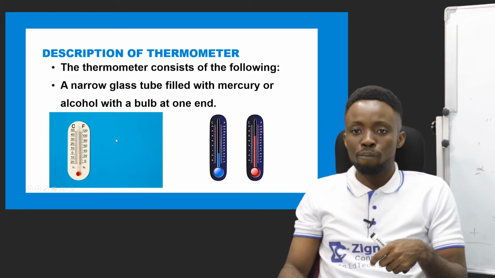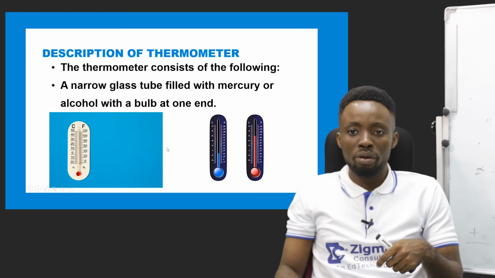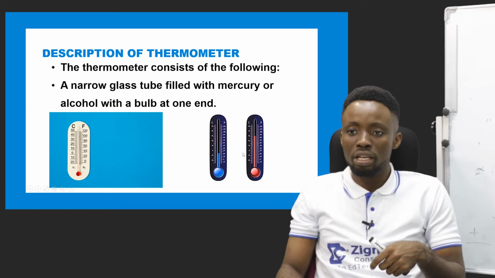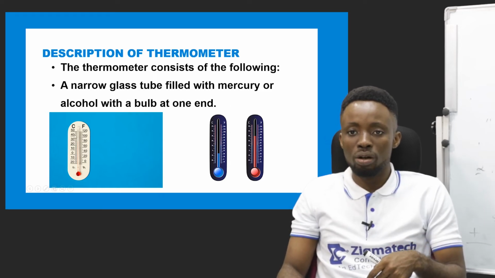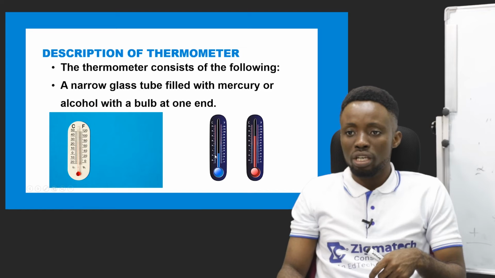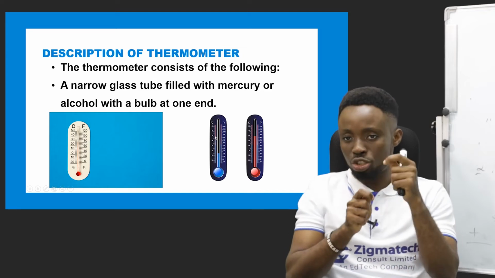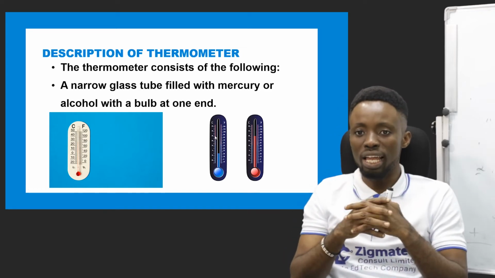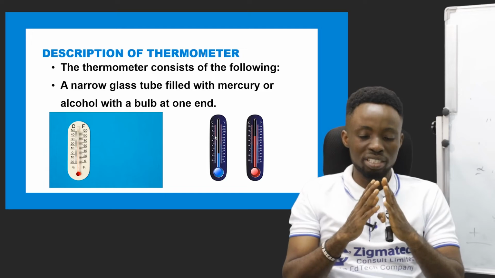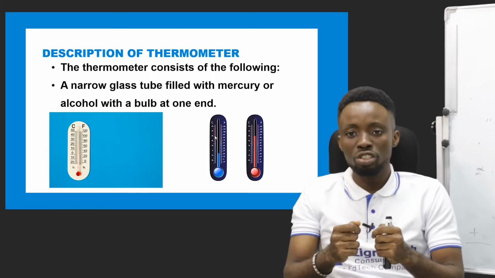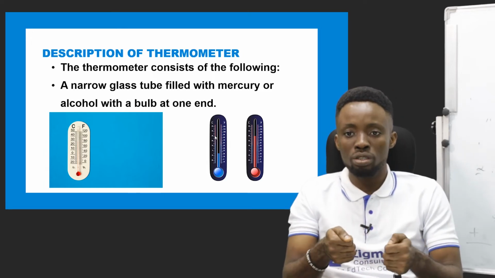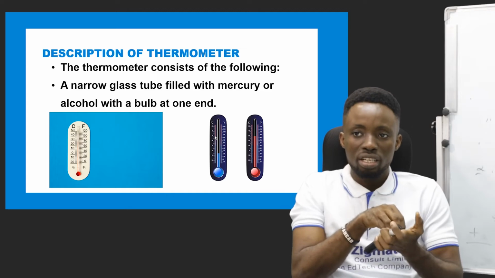So now let's look at how a thermometer looks like. If you look at this now, it consists of a narrow glass tube. Now, this glass tube is calibrated in such a way that it fits the liquid in it.